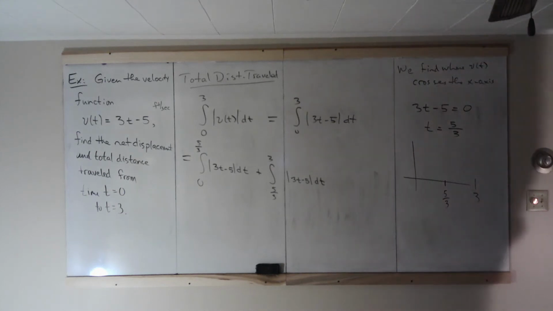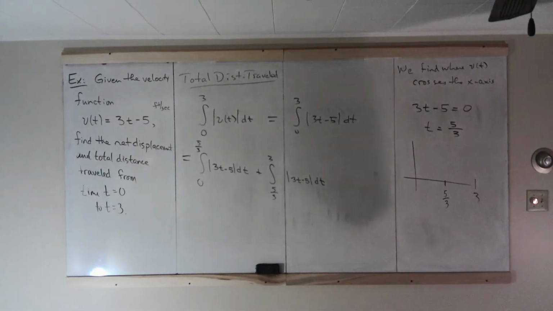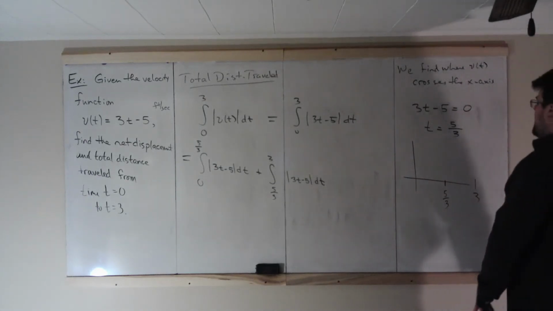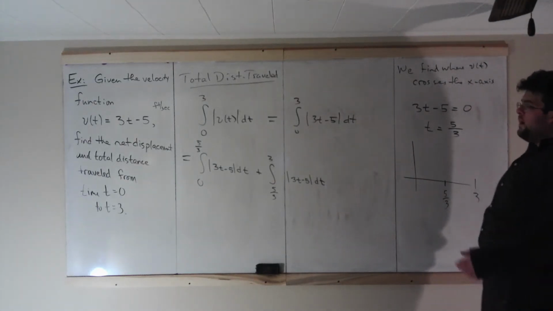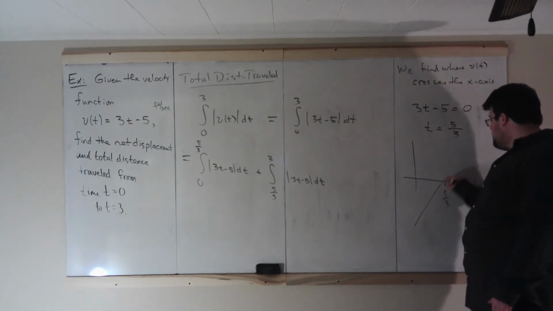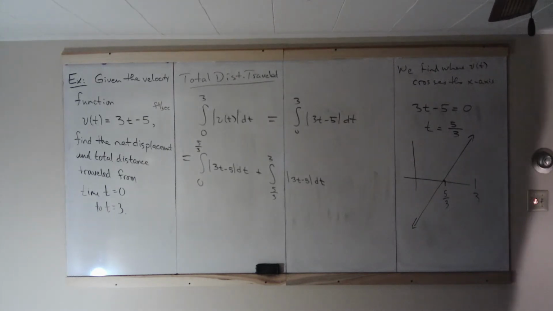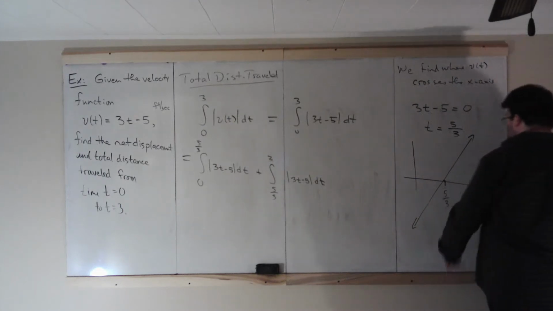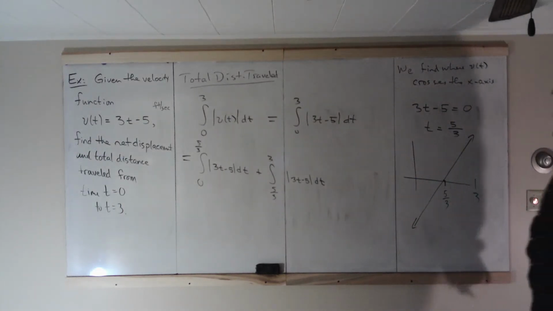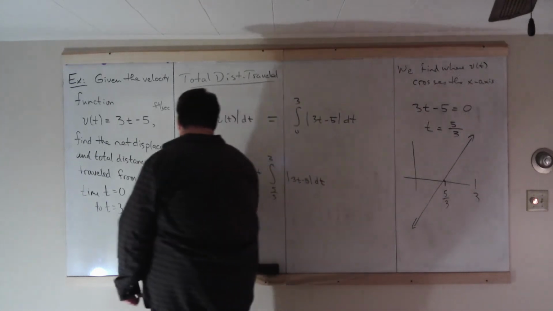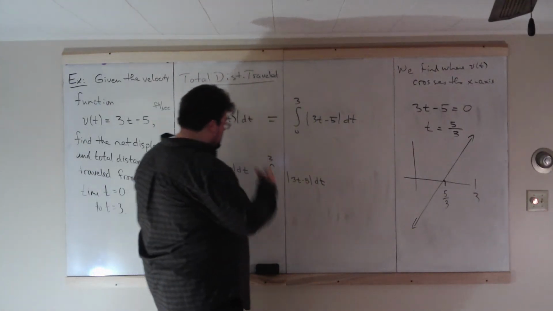Now, the absolute value of the function is the function when it's above the x-axis, and it's negative of the function when it's below the x-axis. Well, this one is a line. The y-intercept is down here, negative 5. So it goes like this, where 5/3 is actually over here. So on 0 to 5/3, the function is below the x-axis. On 5/3 to 3, it's above. And that would give us what?